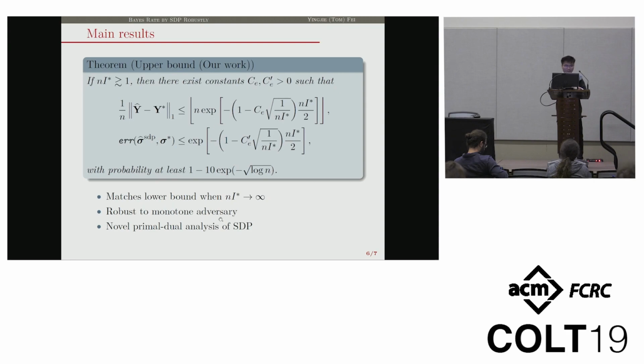So it is robust to this monotone adversary, while some spectral methods or other algorithms may be fragile to it. To establish these bounds, we use a novel primal-dual analysis. We use a dual certificate constructed in the past, but not to certify the optimality of Y hat; we use it to analyze these two quantities.